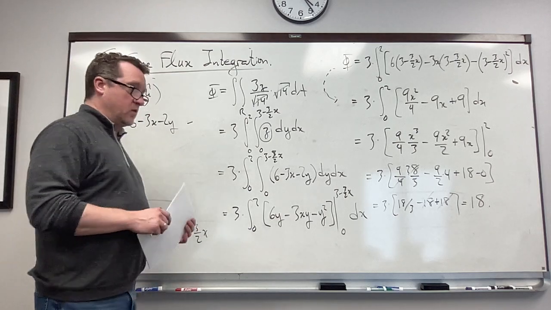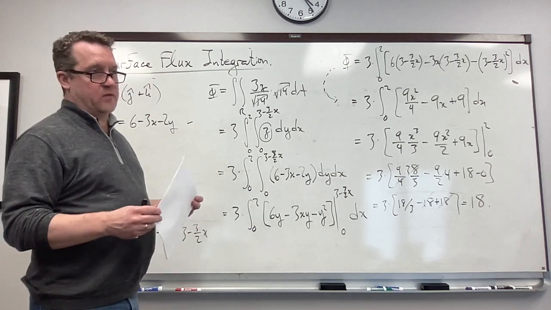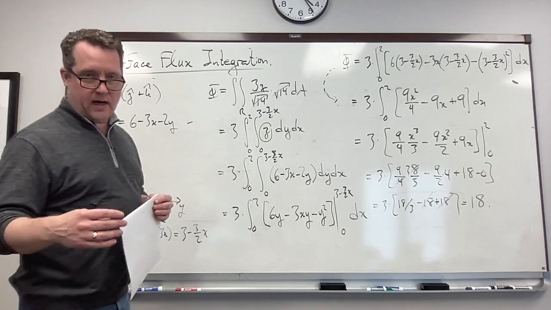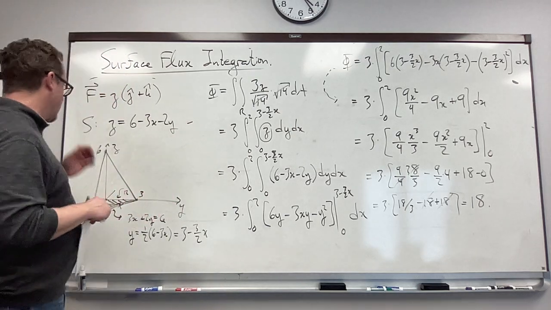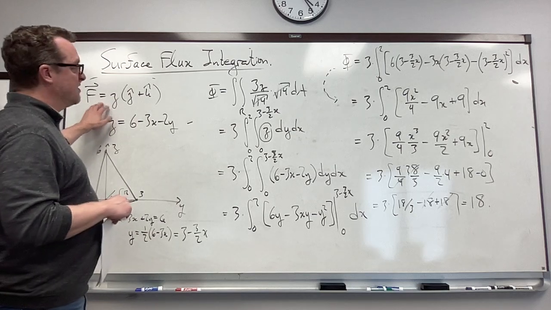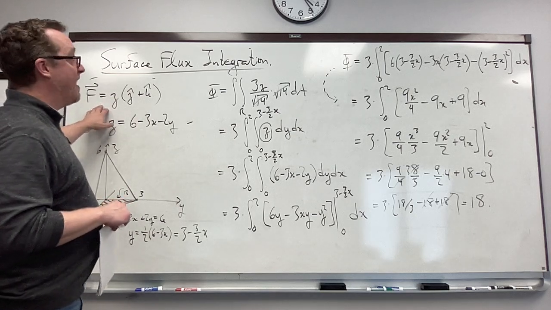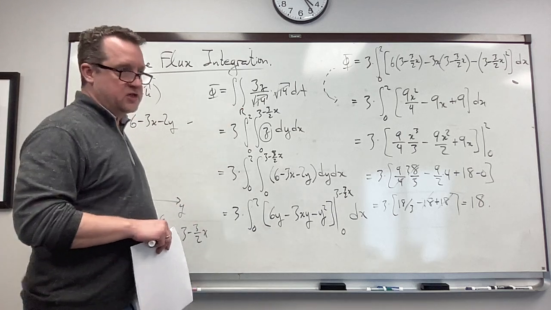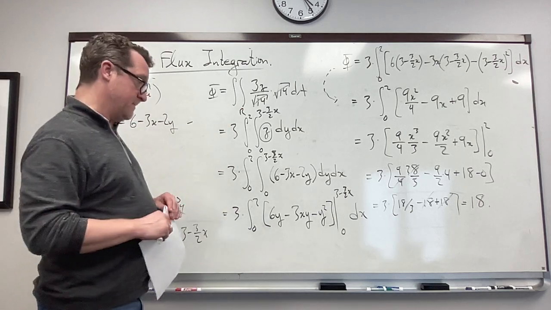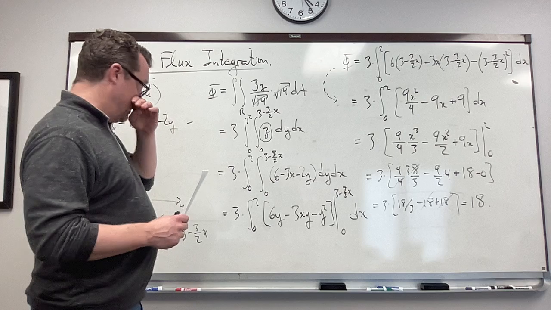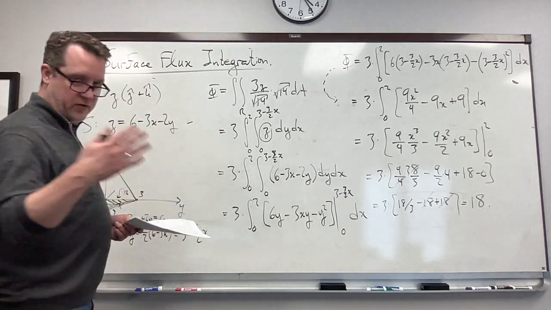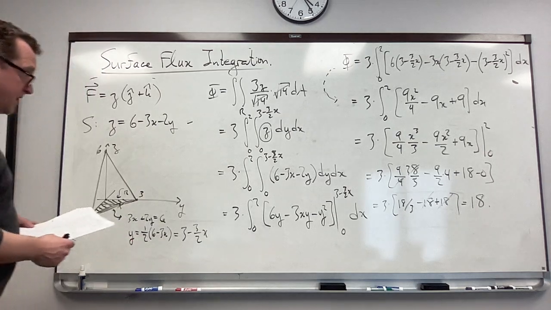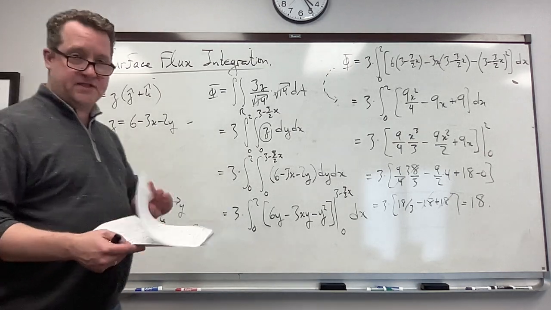If the vector field was an electric field, then we'd have some sort of electric field times meters squared answer, because we're summing up a field, whatever its units are, over the area of a surface. So it would tend to have units of m squared. We would have some actual physical units if we worked this out with a real coefficient that helped us. Okay, that's it. That's a surface flux integral.